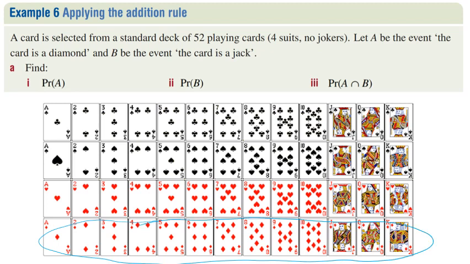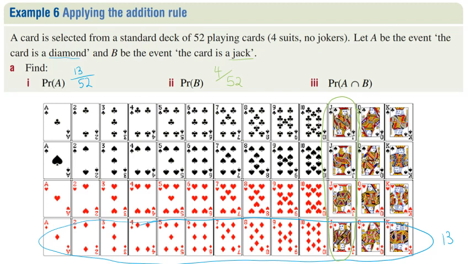There's 13 altogether, so 13 out of 52 cards altogether. The next one is the probability that the card is a jack. These are the jacks here. There's 4 jacks, so 4 out of 52.